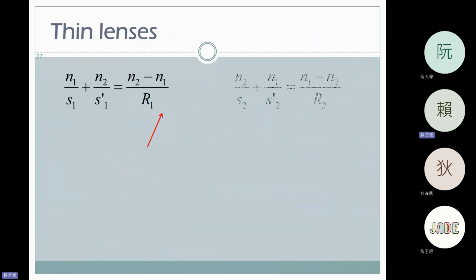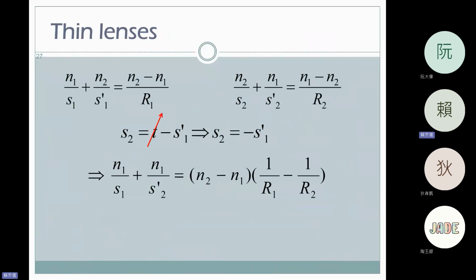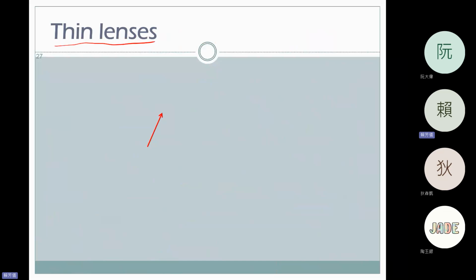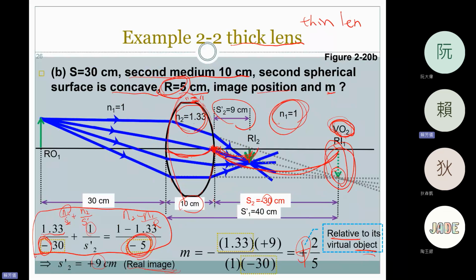Okay, so we can use this example to calculate the thin lens. What is the thin lens? The thin lens means that the distance between these two surfaces is near 0. So the lens is very, very thin, so we call it a thin lens.